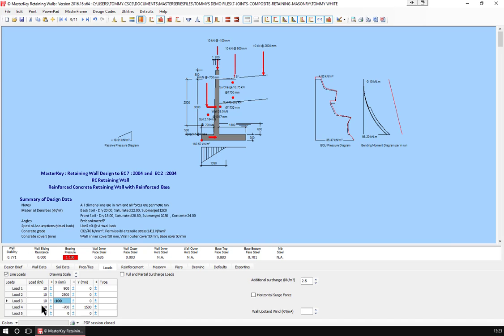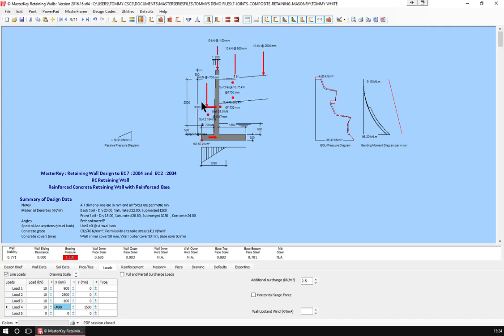And then the most weird one of the lot is I can actually put a wall load outside the wall. And this is very handy if you're going to be installing pipe runs on a wall and you want to make sure that per meter run these pipe runs don't cause it to overturn, because it would be a destabilizing load in that criteria.